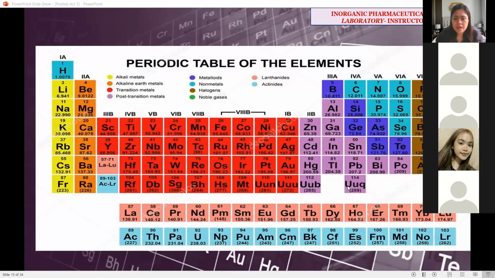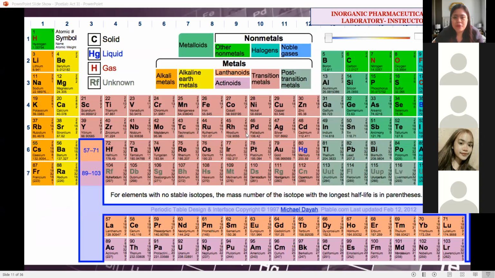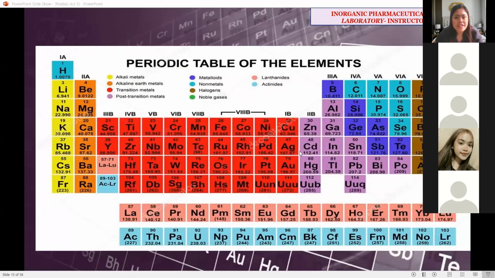Take note, you have the UUB and the UUQ, but nowadays this has been completed up to the 118th element. UUU and the others no longer exist now, as they already have names. Little by little they discovered more, and some remained, like UUT, UUO, and UUS. So that is the development of our periodic table until the elements were completed up to 118. We never know, maybe there are other elements not yet discovered.